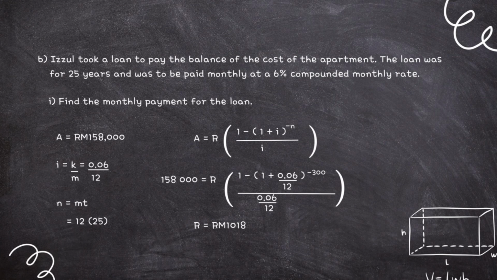For this question, we will use A equals R times (1 minus (1 plus i)^(-n)) divided by i.